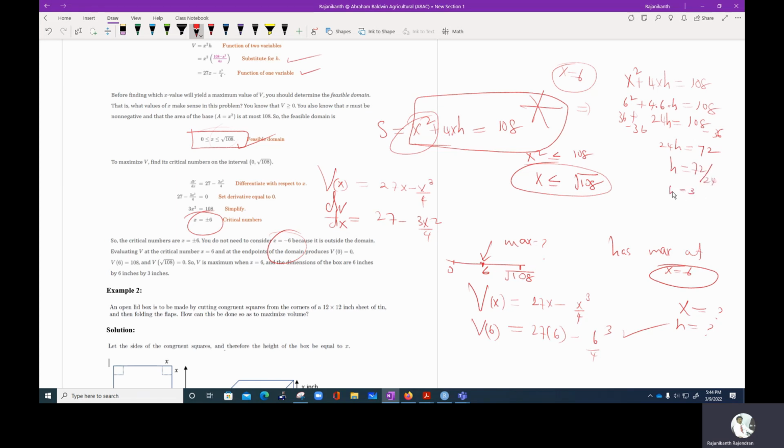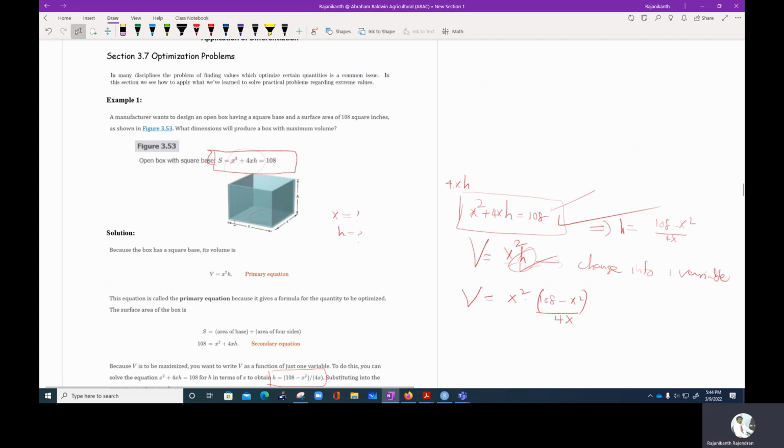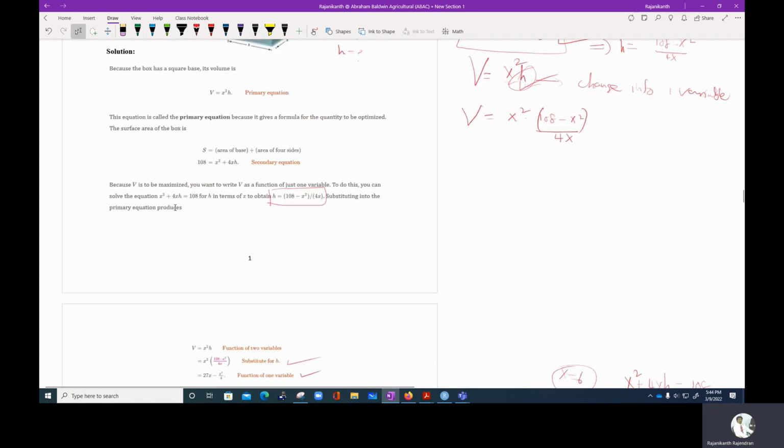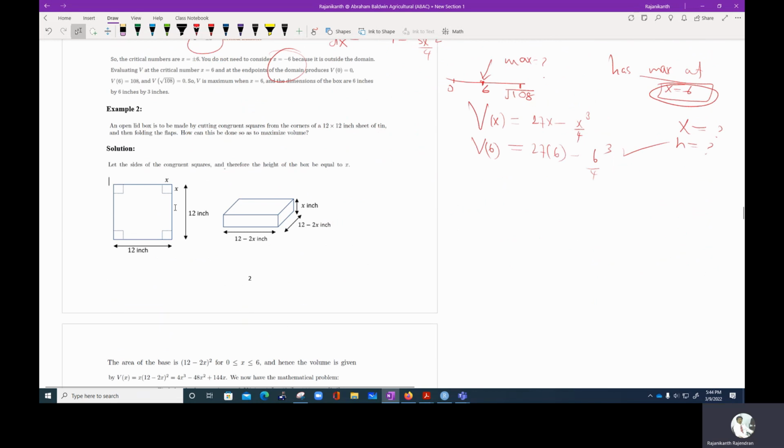That is 3. So we found the dimensions of the box in order to have a maximum volume: the height is 3 and the box length is 6. Okay, so those are the dimensions. So this is a very good problem, an application of optimization with differentiation.